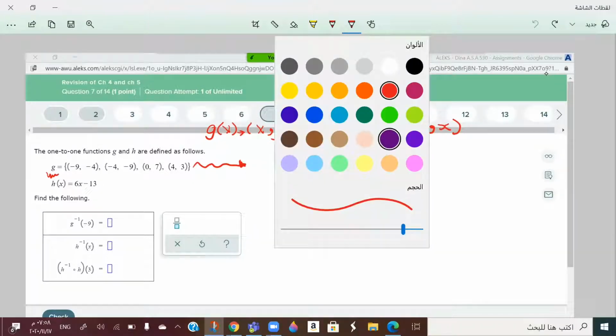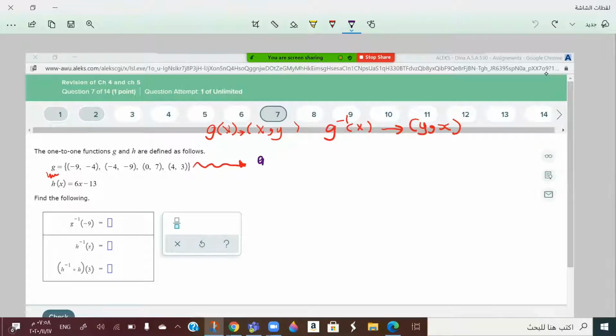So let's write it again. Your g inverse of x will be: flip now, -4, -9, then -9, -4, 7 and 0, 3 and 4. And that's it, just to close it.